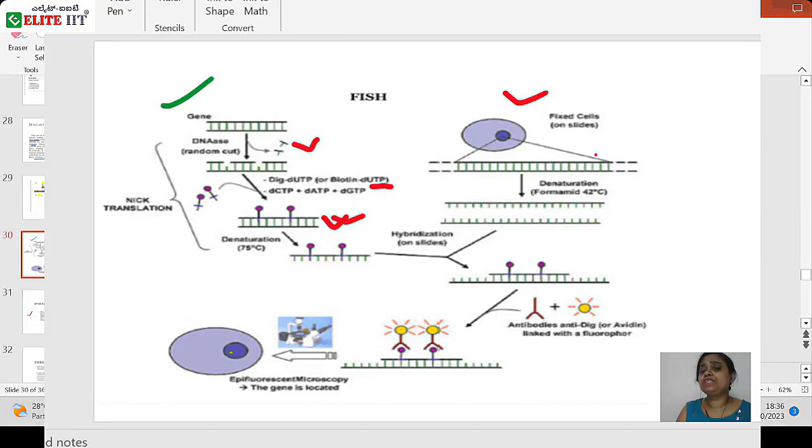So you have to fix the cells on the slide, in microscopic studies, on glass slides. Now, simultaneously, you have to denature the gene of interest, the chromosome of interest, as well as denature the probe. Clear?